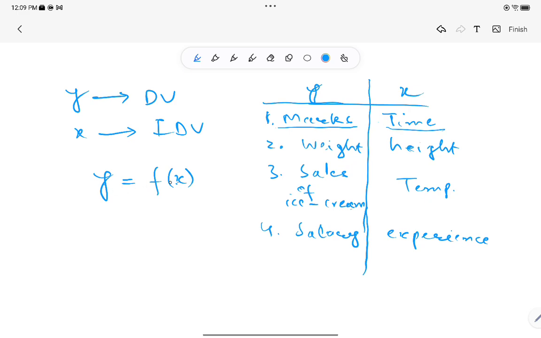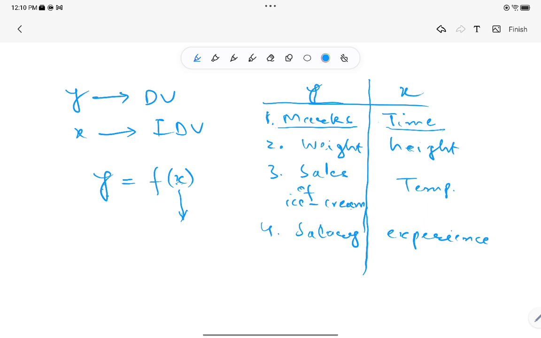The test of dependence is that if you change this variable and see that this also changes, this is dependence. If you change this but this does not change, they are not dependent. Whatever we derive for y and x will be true for all these variables.